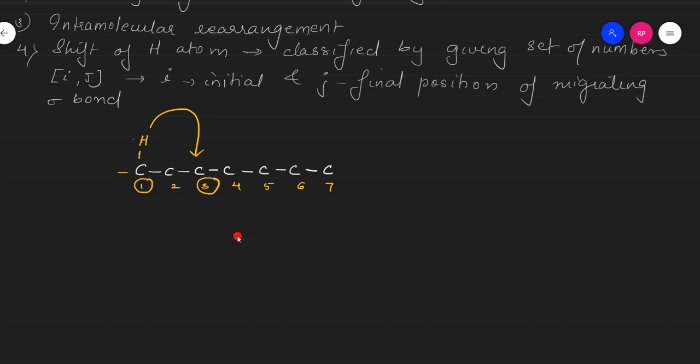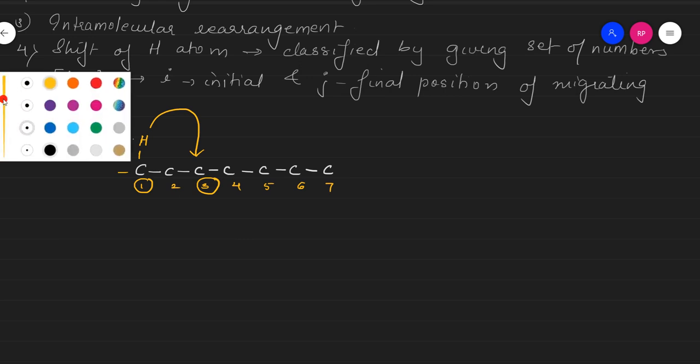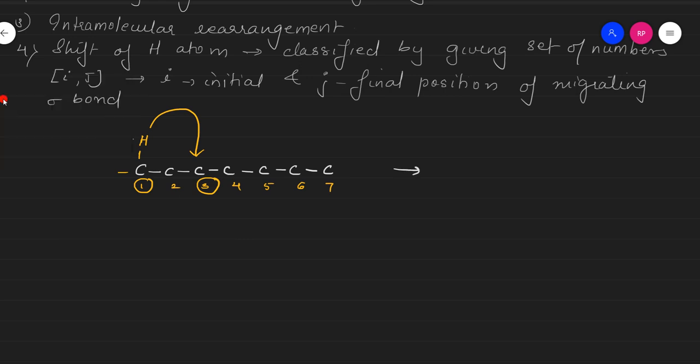So what will it look like now? It will be like this. Seven carbon atoms are there, I suppose. From the first position it has gone to the third position. This is called a 1-3 shift.